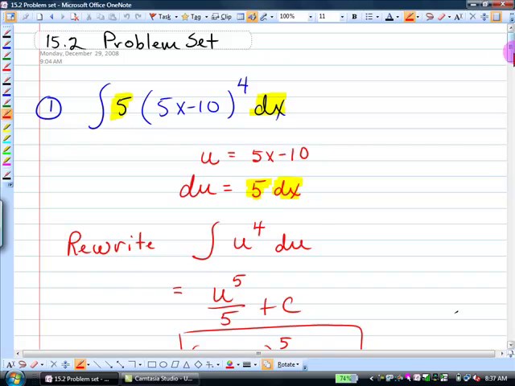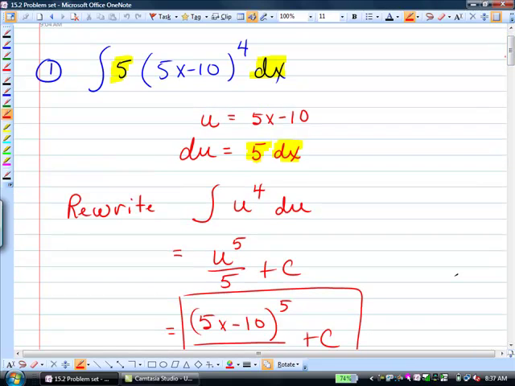I'll rewrite the problem. So now I have the integral of u to the 4th du. I'm substituting so that it's easier to see. I can take the integral of u to the 4th. It's u to the 5th over 5 plus c. Does that make sense, what we're doing? Because if we don't do that, we don't have a way of solving this problem.